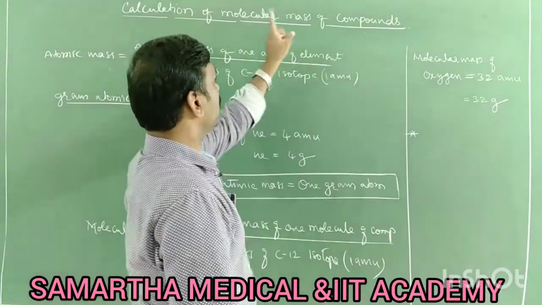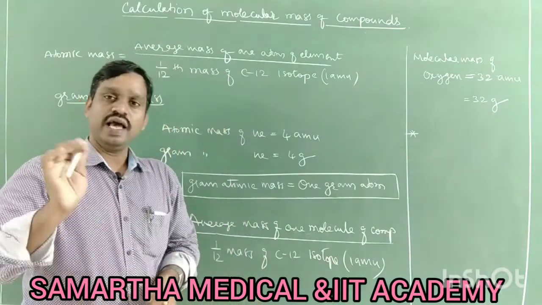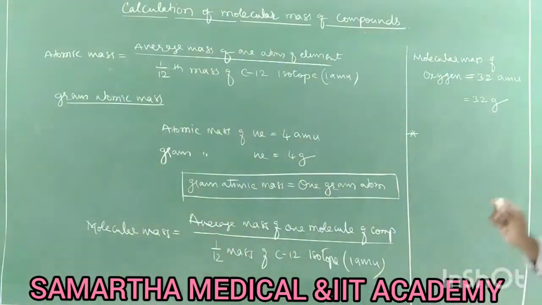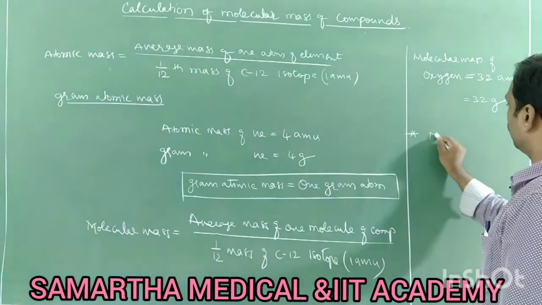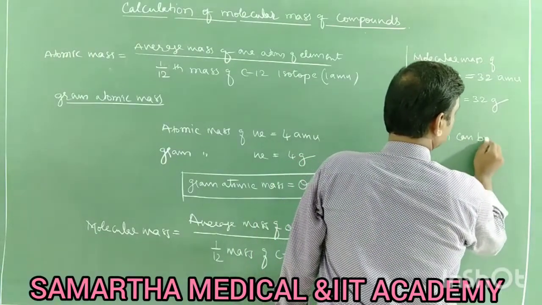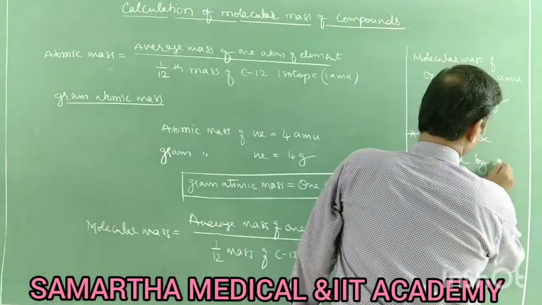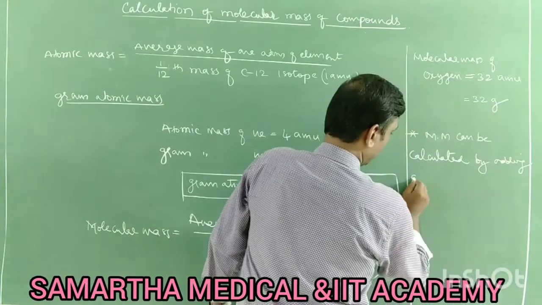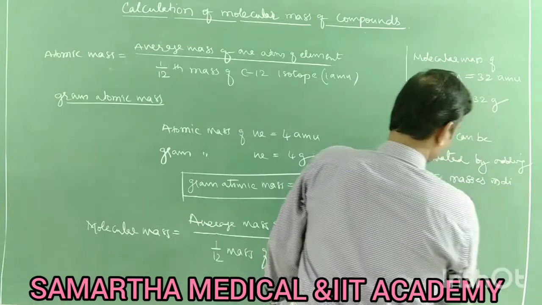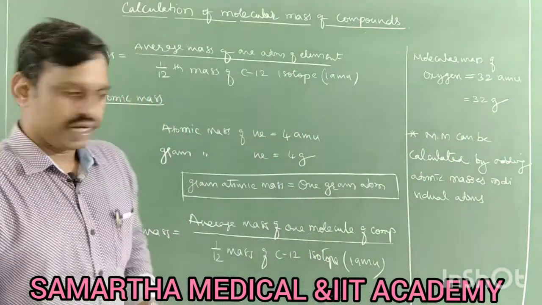Calculation of molecular mass: molecular mass can be calculated by adding the atomic masses of individual atoms. I can take it as MM.